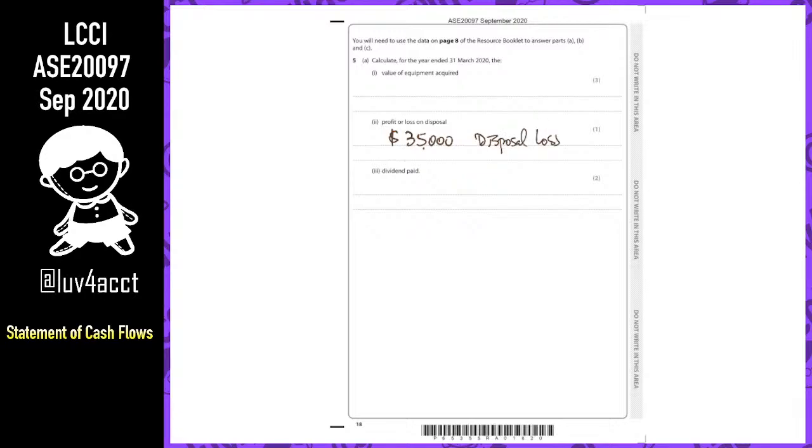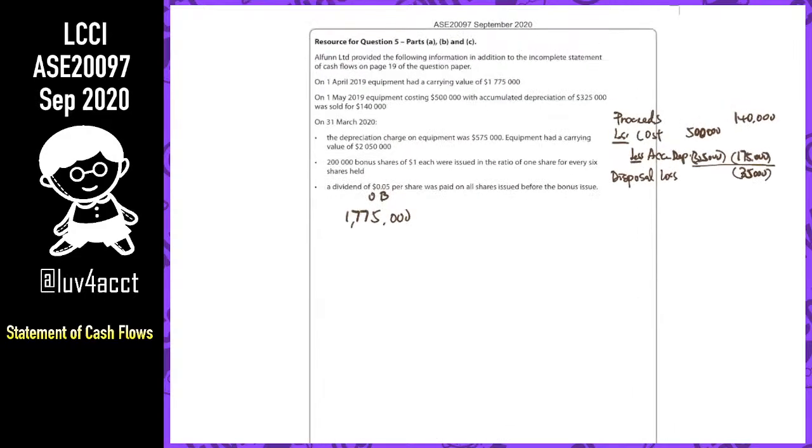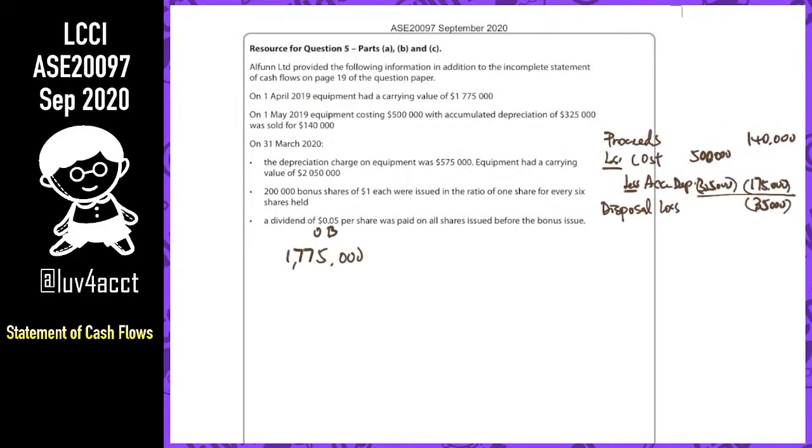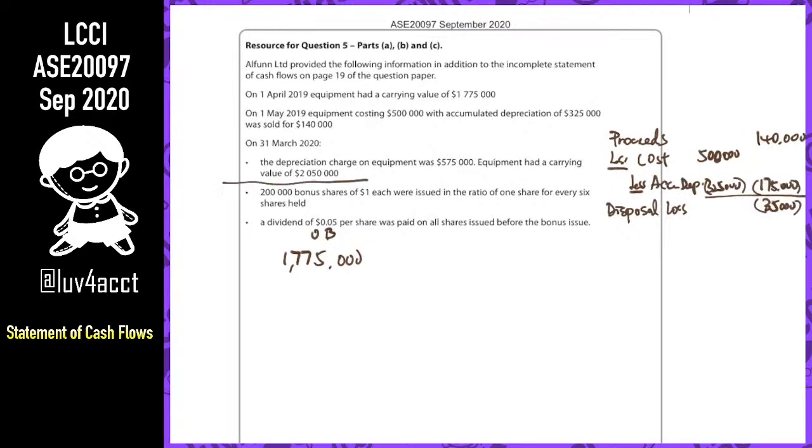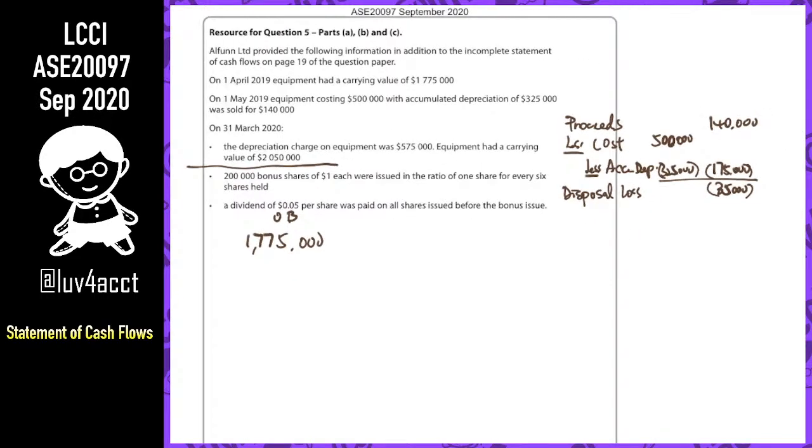Okay, so let's continue. On the 31st March year 2020, that is the last day of the year, depreciation charge on equipment 575,000. Equipment had a carrying value of 2,050,000. Okay, and then that's all for non-current asset. Okay, so closing balance given to us 2,050,000.